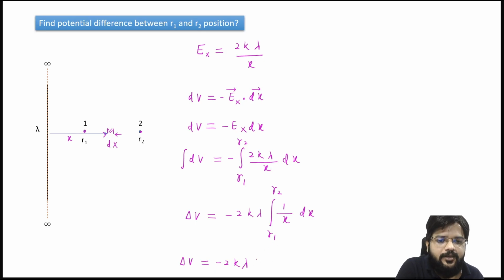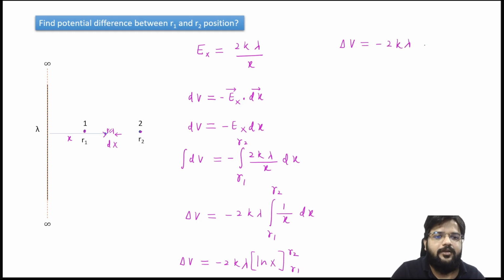So log x, and then put the limit of integration. Here we will get del V equal to minus 2k lambda log r2 by r1. Correct, this thing we will get.